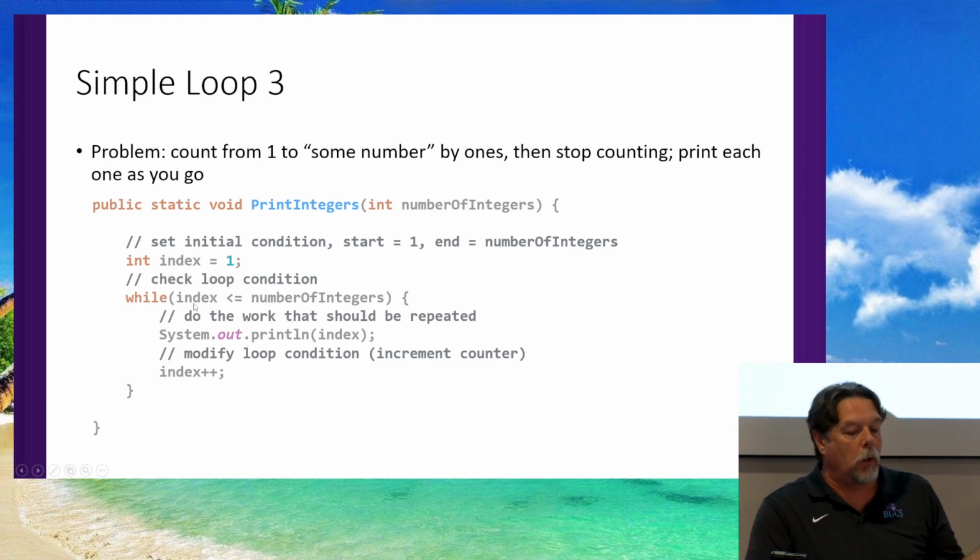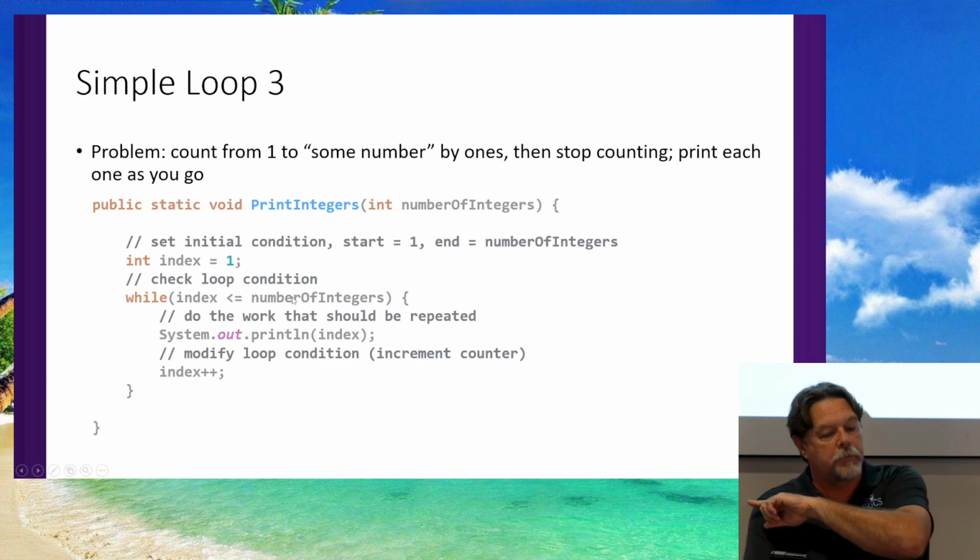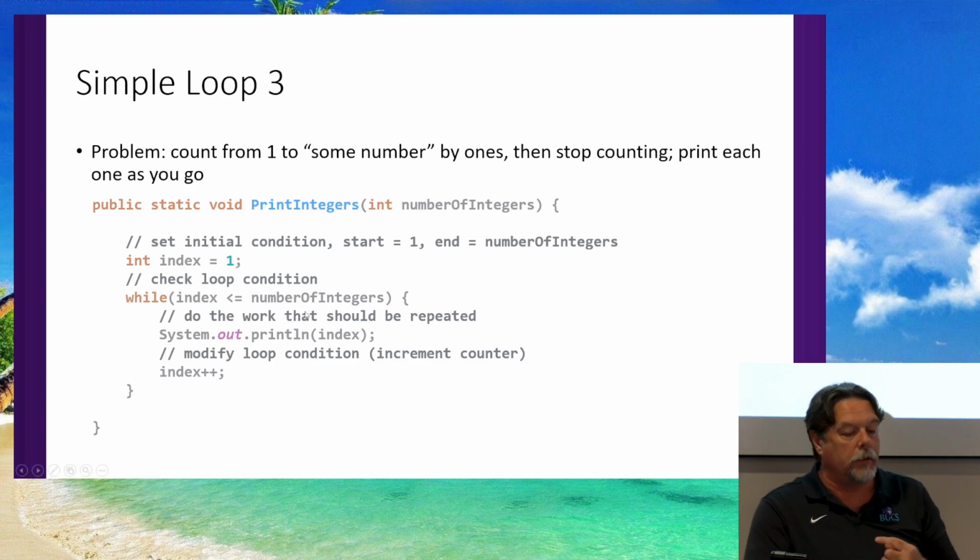I keep looping while the number I'm on, index, is less than the number where I'm supposed to stop, my ending point. Here's the work. I'm going to print the number on the screen. That's the work that I need to do in the loop. And then my modifying the loop condition is simply to increment the variable by 1.